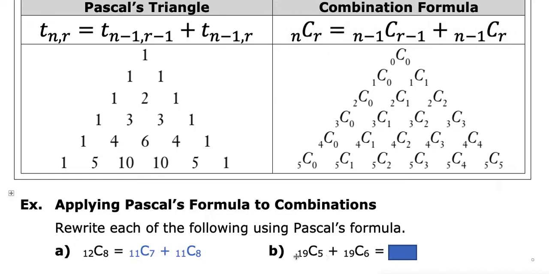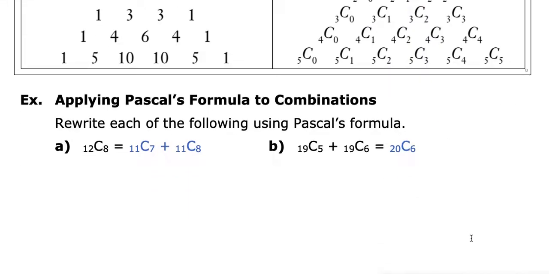And similarly, 19 choose 5 plus 19 choose 6. These two are two terms being added together, and they're consecutive. The position is one after the other. So this is going to be row 20 and position 6. That was given this side. We were able to look at the left-hand side.